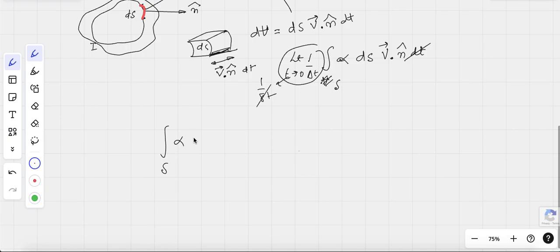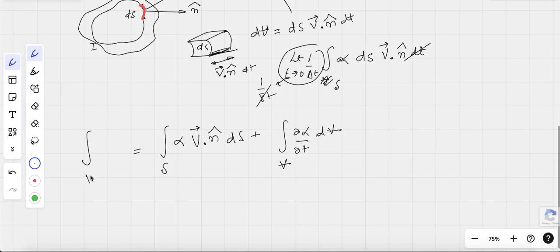alpha v dot n dS plus the temporal term that we had, d alpha by dt dV, right?